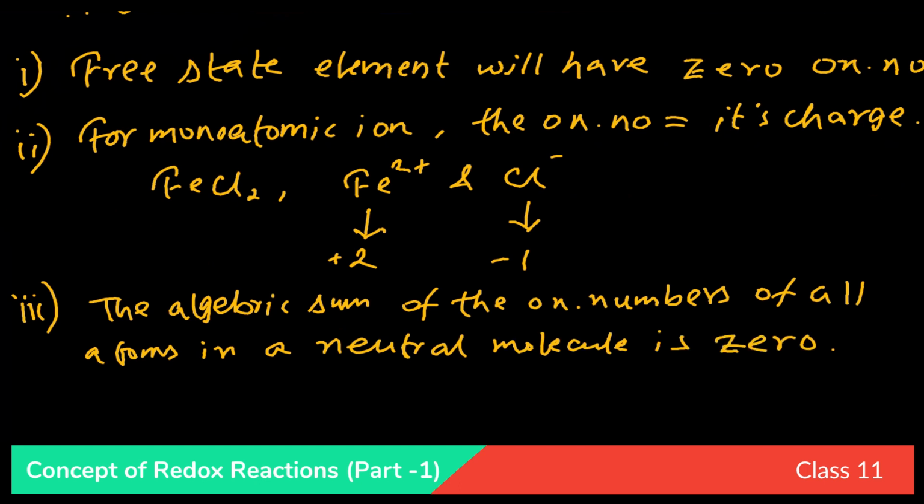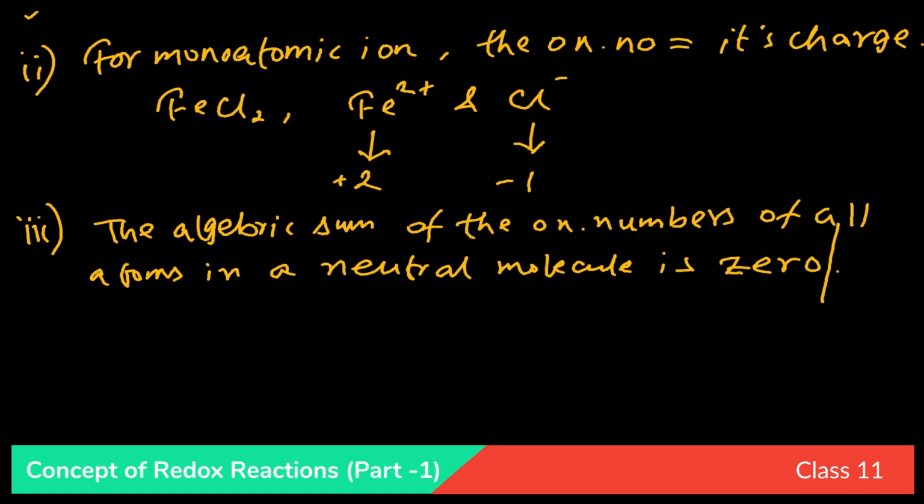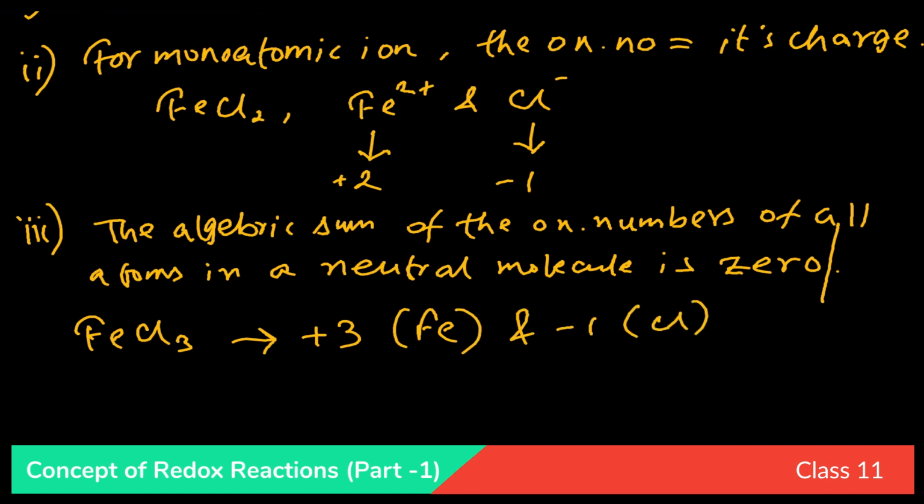That means if you take a neutral molecule, suppose I take an example of FeCl3, the oxidation number of iron is +3, and for chlorine it is -1.